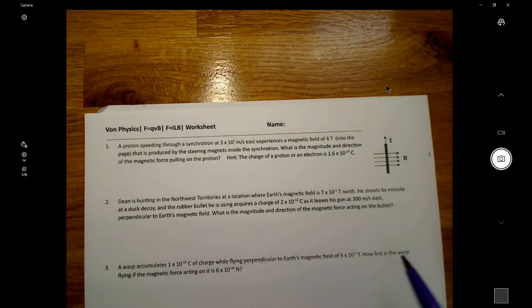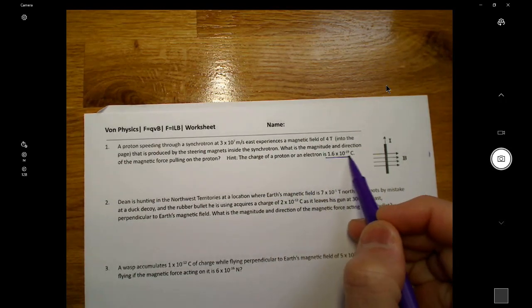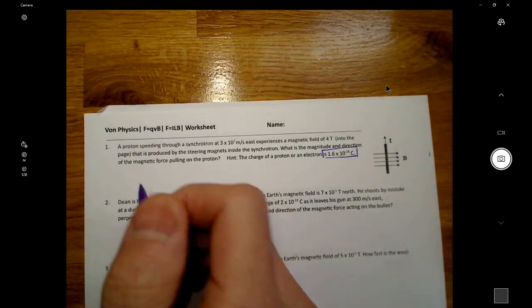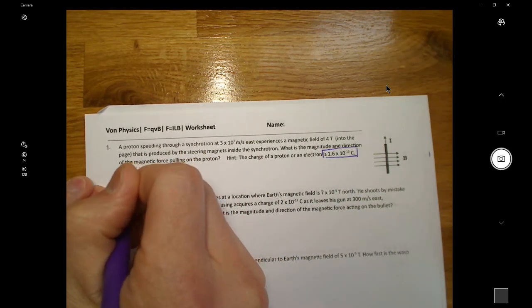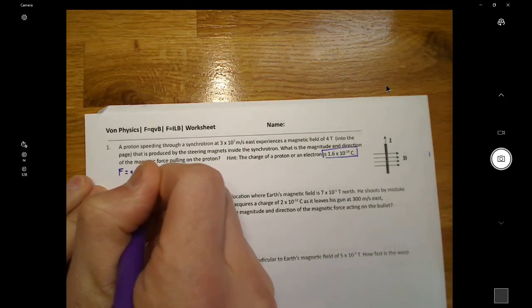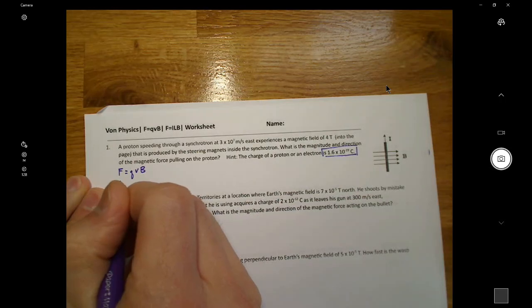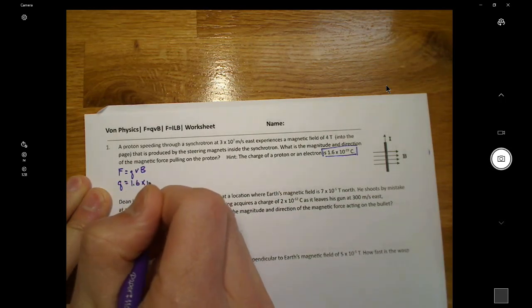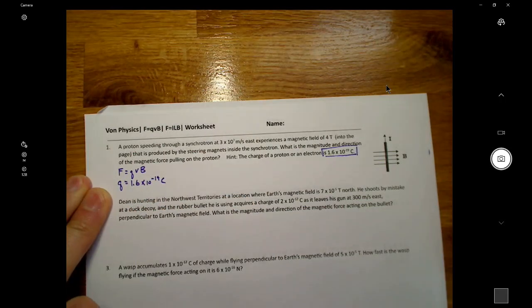Alright, and it gives a hint that says the charge of any proton or electron is this number right here. Okay? Alright, so we know that F is equal to qvB. We know that the charge, Q, is equal to 1.6 times 10 to the negative 19th coulombs.